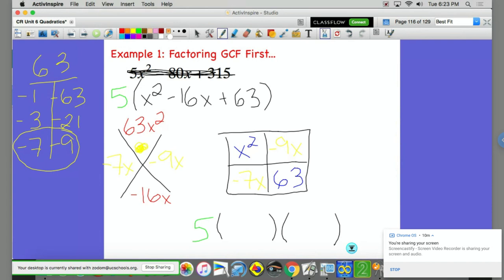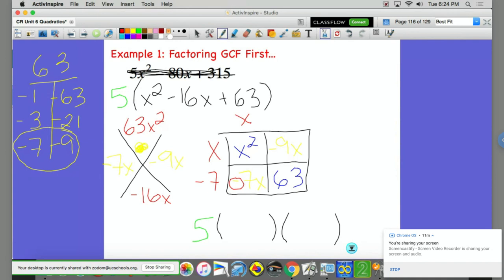So now, let's factor these out. So x squared and -9x, the only thing they have in common is an x. Then we have -7x and 63. Well, will 7 go into 63? Yes, it will. So we're going to pull out a 7. But we also got to remember that negative. So it's going to be a -7. Now we have x squared and -7x.